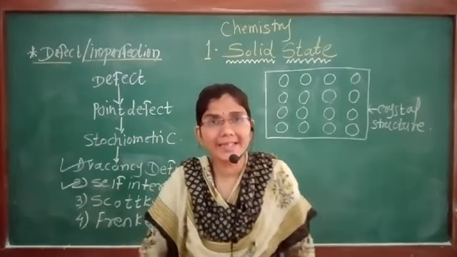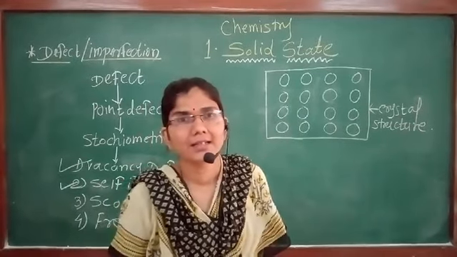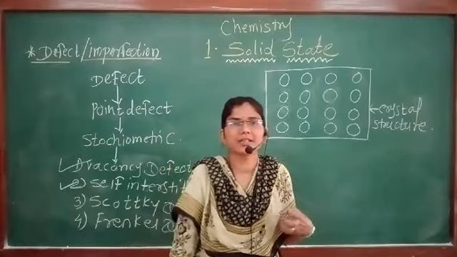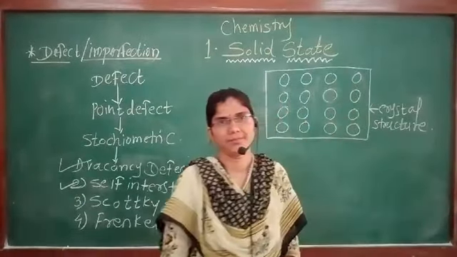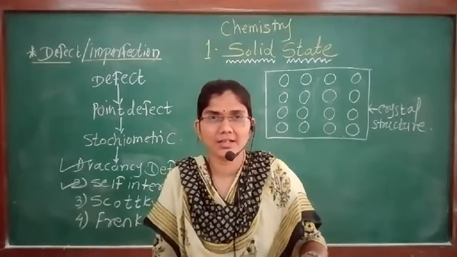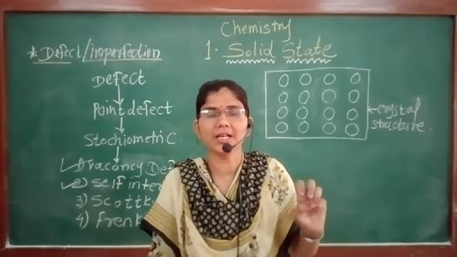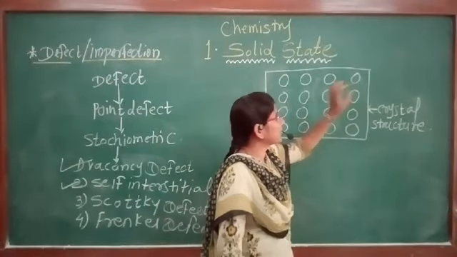So the self-interstitial defect arises when a particle loses its position and goes into an interstitial site. The particles are present in that crystal structure, but they lose their regular, original position and go into the interstitial space.